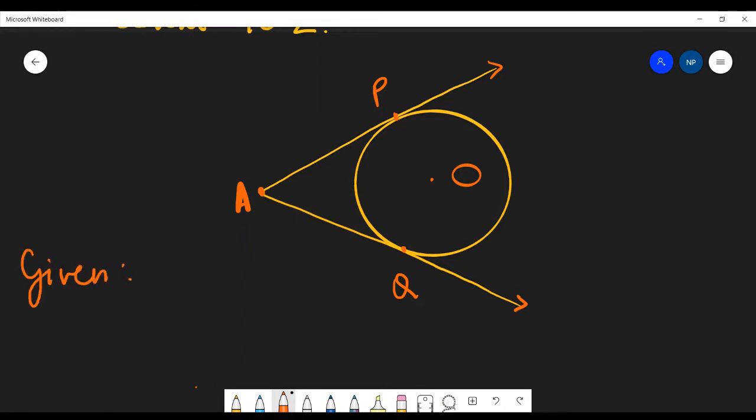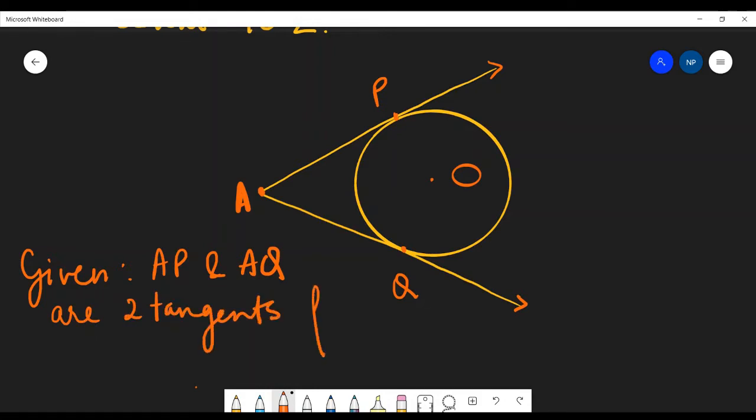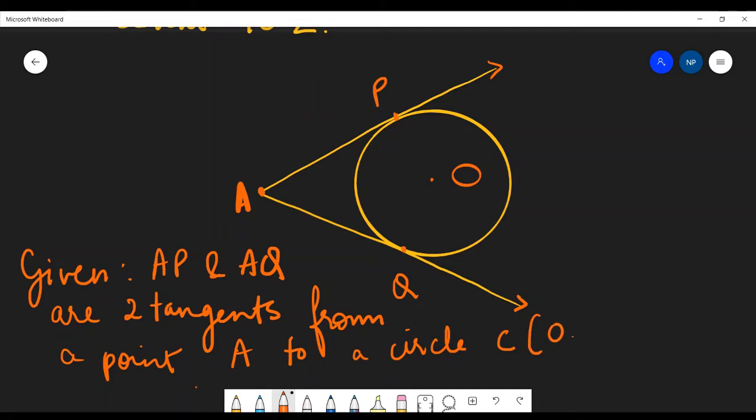Given is AP and AQ are two tangents from a point A to a circle with center O. Okay, O is the center.